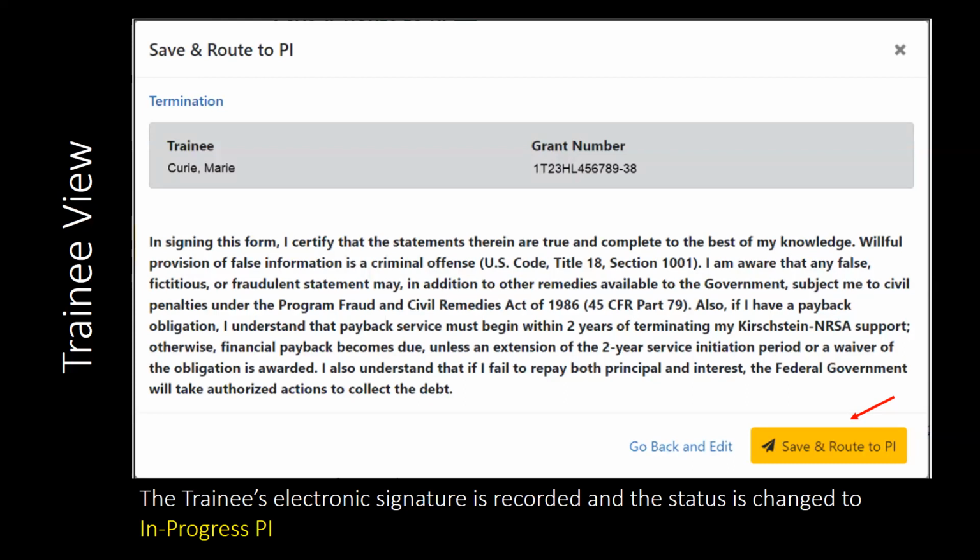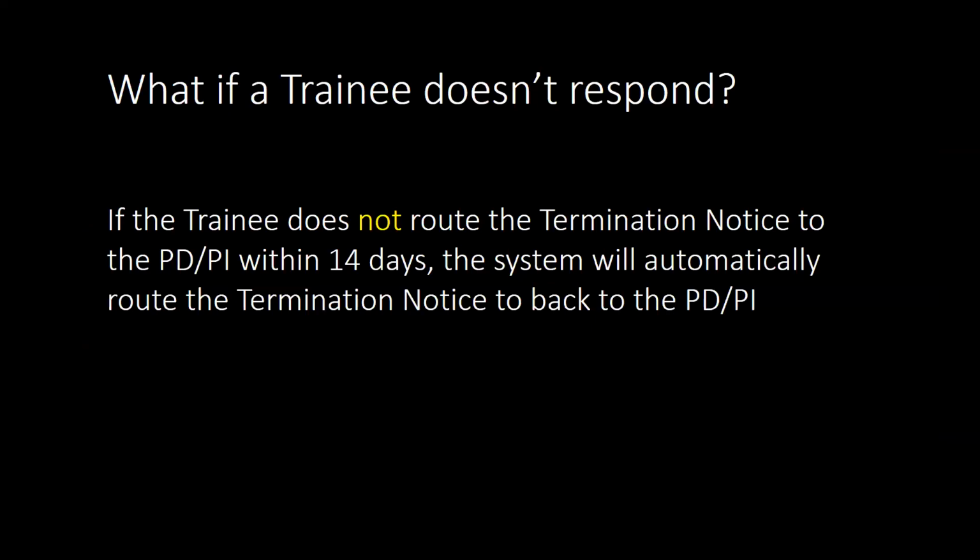And now, again, we're going back to the PI, and it's going to be in progress PI. So one thing that happens quite often is, what if a trainee doesn't respond? What if you send them the email notification, you even put a comment in there, whatever, they just don't respond?